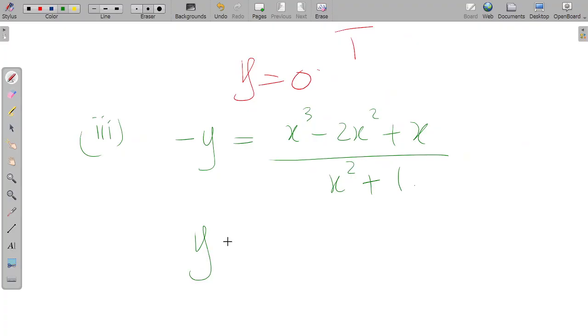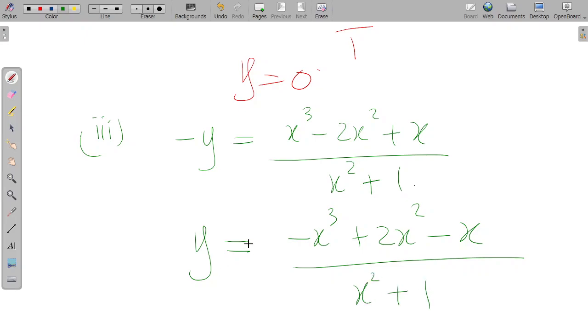Then I rewrite this. I will have y equals, I multiply both sides by negative, and that will become, okay, that negative, you can either multiply it by the numerator or by the denominator. You don't multiply the negative here and the same here. No, that will be wrong. So you multiply it in one of them, either at the denominator or at the numerator.